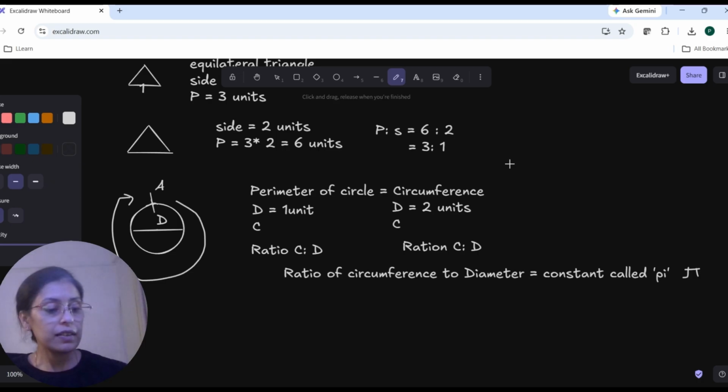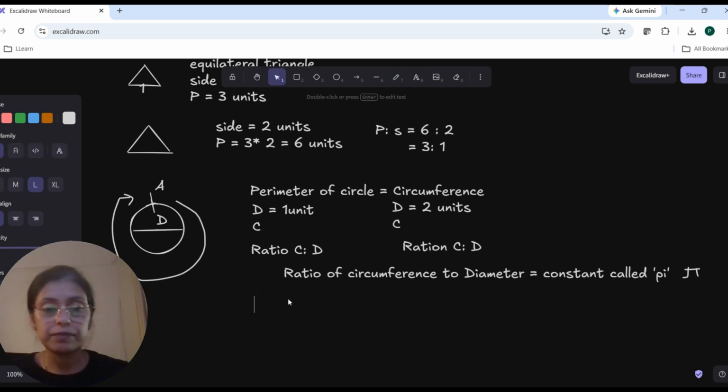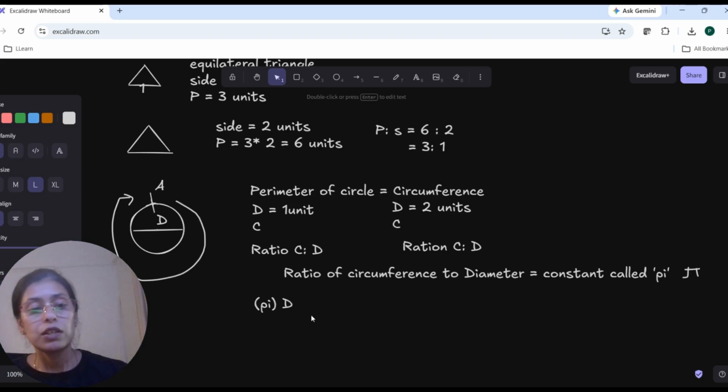Okay. And then they found out that the circumference of the circle is actually pi d. I can't make the symbol again and again, so I'll just write it as pi. Okay. So this is pi into d.